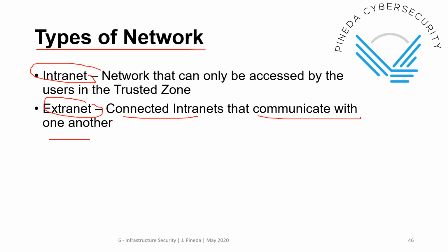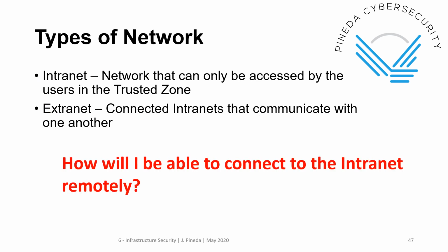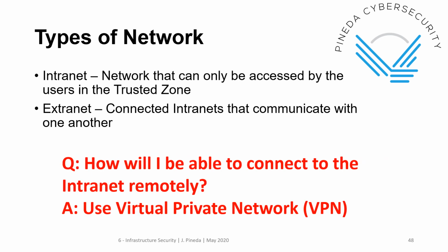The implementation is very good because it will only be limited to the people in the network, so no external attacks by default in an ideal setup. However, from the perspective of the business, this is not good because people outside cannot access the resource, like if you're working from home. So how will I be able to connect to the intranet remotely? Through the use of what we call the VPN.